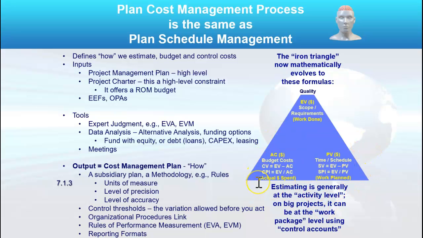The actual cost is the money you actually spent, and the earned value relates to scope. That's the work that's done. You have built it. You can see the house structure in front of you, right? So the thing about earned value is a dollar doesn't disappear.